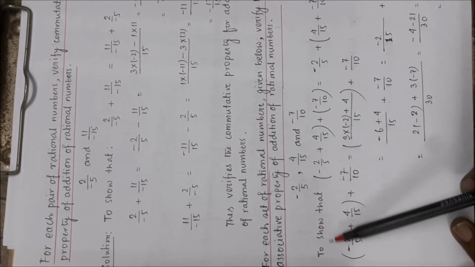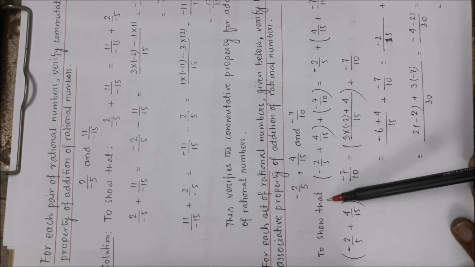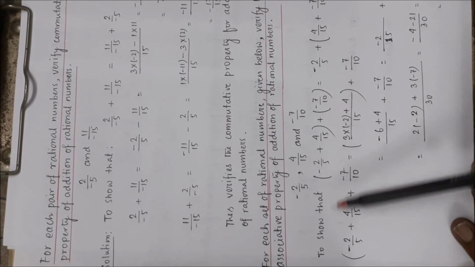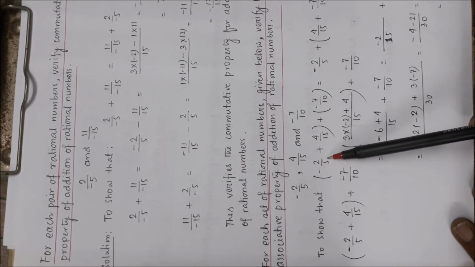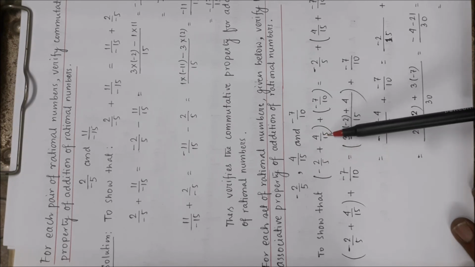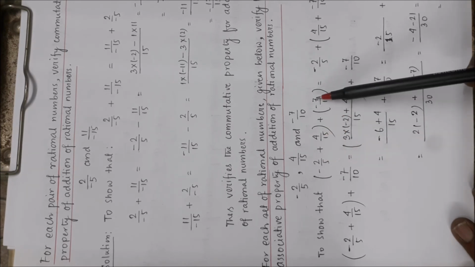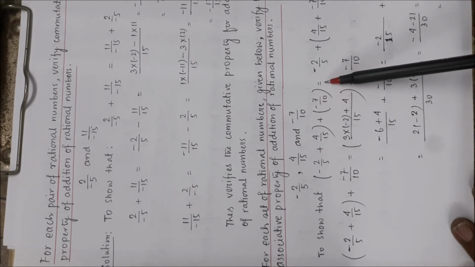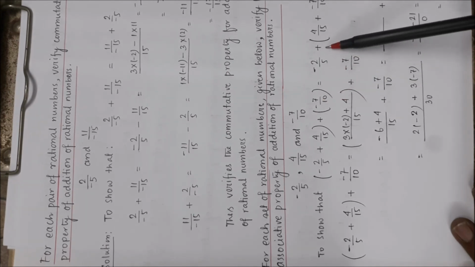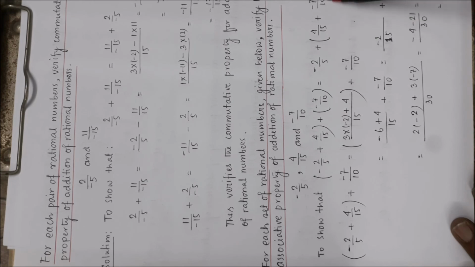So to show the associative property, we need to show minus 2 by 5 plus 4 by 15 plus of minus 7 by 10 is the same as minus 2 by 5 plus, and the last two numbers within the bracket, 4 by 15 plus minus 7 by 10.